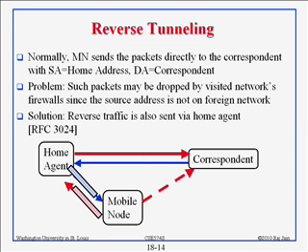So there is a firewall, and this is a mobile node. This is the home agent. The correspondent address, corresponding with here.